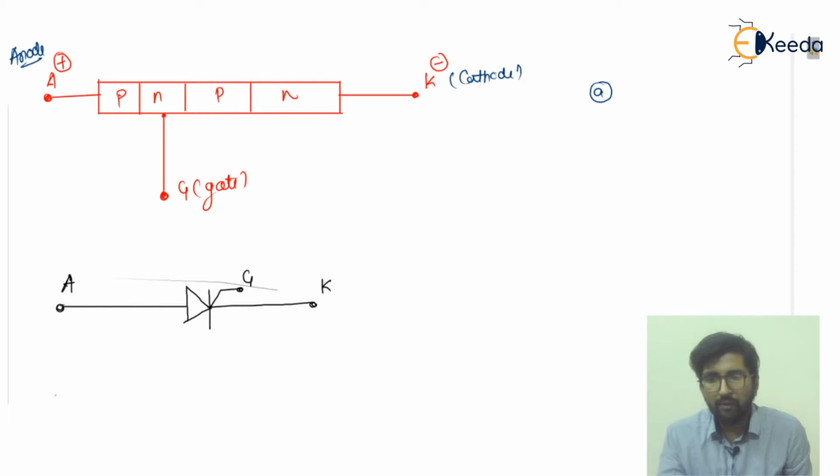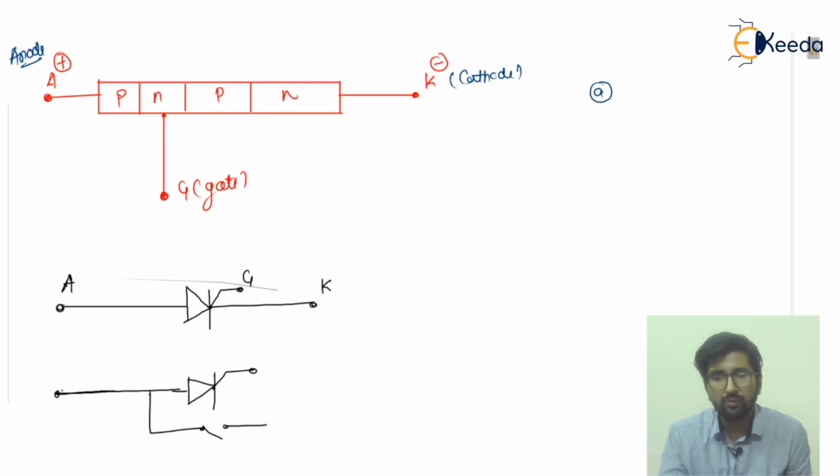If I talk about it in terms of a switch, it is the same as I have drawn above, but in parallel with this it will have a switch S, with the anode, gate terminal, and cathode. So this is the basic configuration, and it acts as a switch.